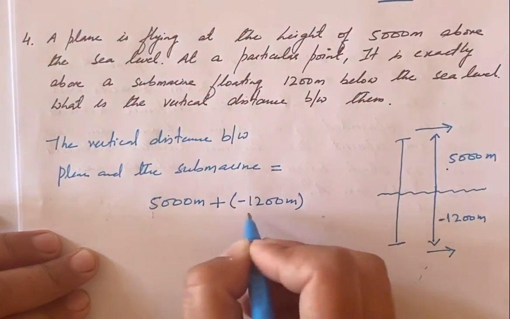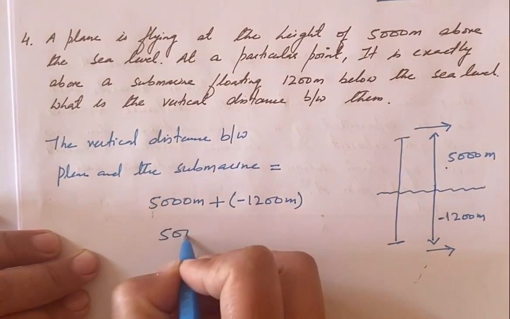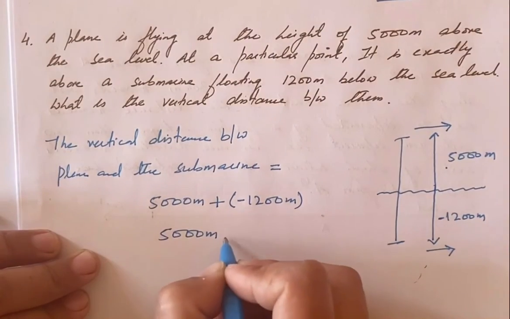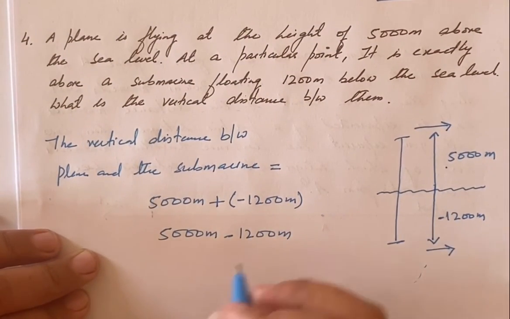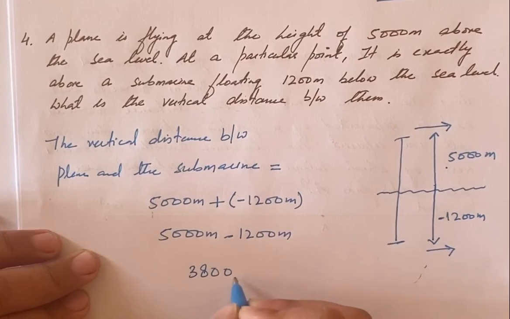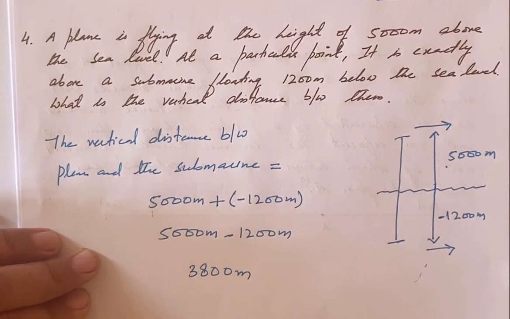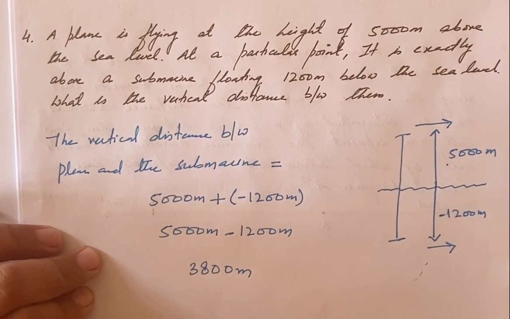It is taken as minus because it is below sea level. So the answer will be 5,000 meters plus minus 1,200 meters, that is 3,800 meters. So the vertical distance between these two is 3,800 meters.